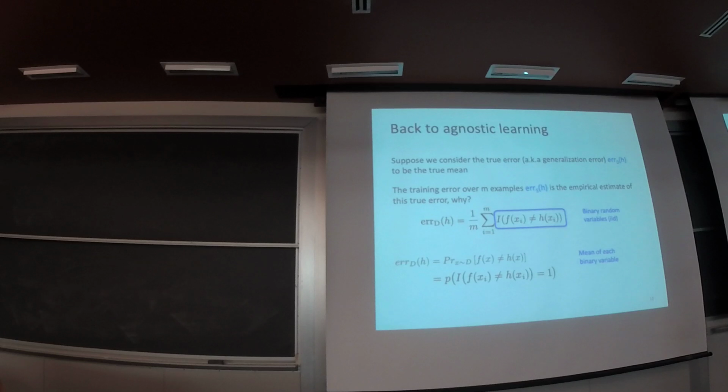But now let us look at the indicator for each training example. Essentially, this indicator is a binary random variable. So first, y is a random variable. Any idea?